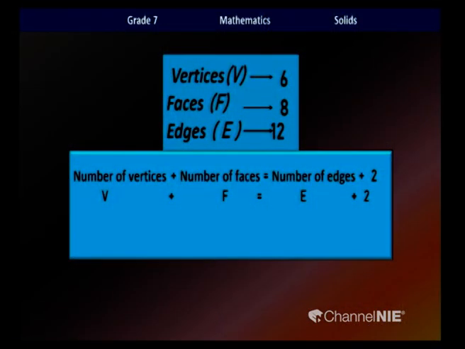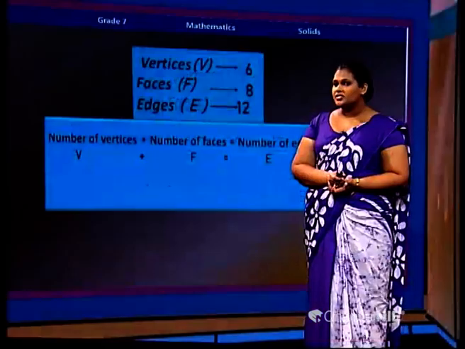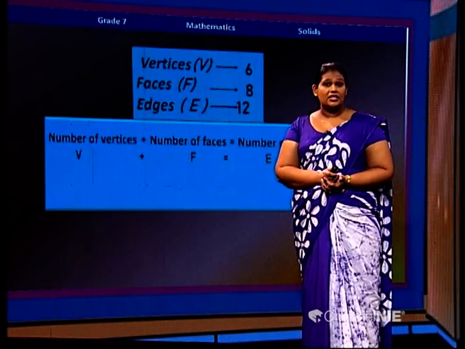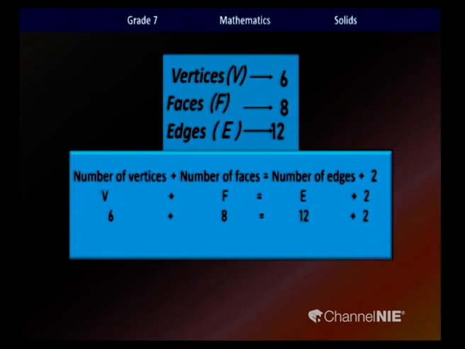Number of vertices plus number of faces equals number of edges plus 2. So we will substitute the values of the number of vertices, faces and edges of this composite solid, and then let's find whether it fulfills the Euler's relationship or not.